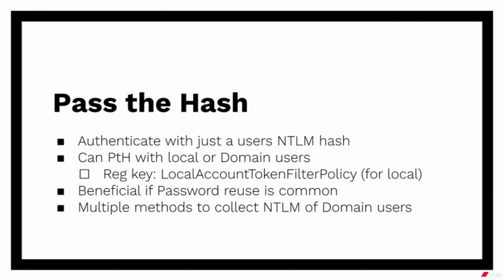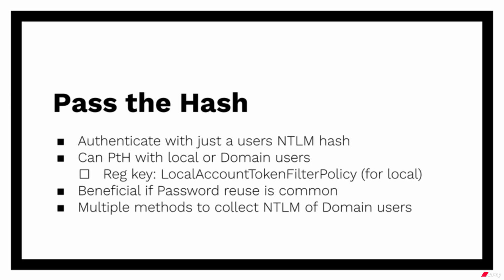Since DCsync requires privilege level access, such as having domain admin, dumping LSASS may be a more realistic option. And again, referencing back to the local account token filter policy, if you collect an NTLM hash of a local non-RID 500 user, that user will need to be in the administrators group, have the same password, and have that specific registry key enabled.